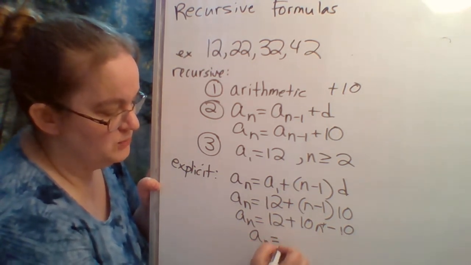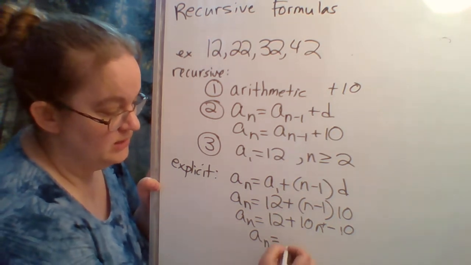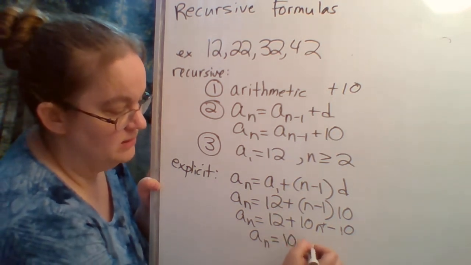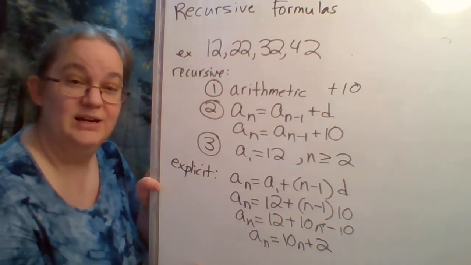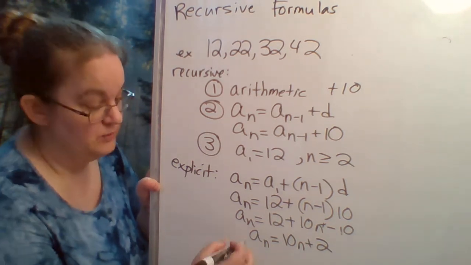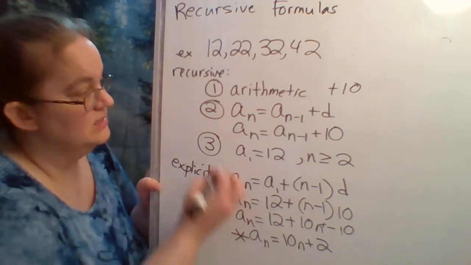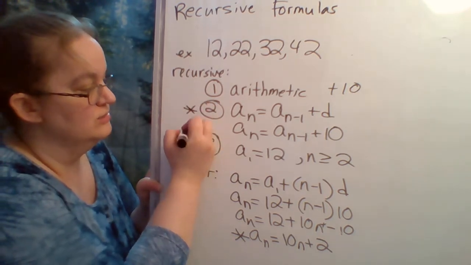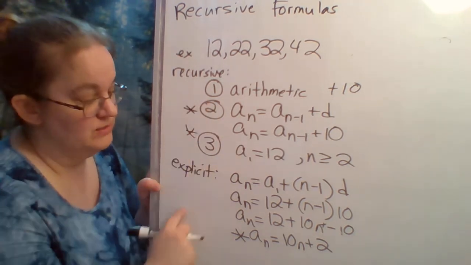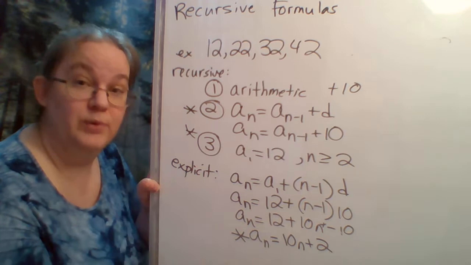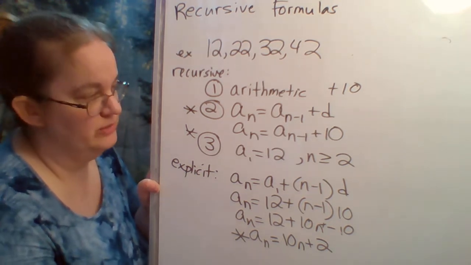So the explicit formula for the nth term is 10 times n plus 2. Okay, and that would give me my formulas. So this is the answer, and then these two combined are the answer for recursive. But again, you need both on some of the questions, so make sure you read directions.